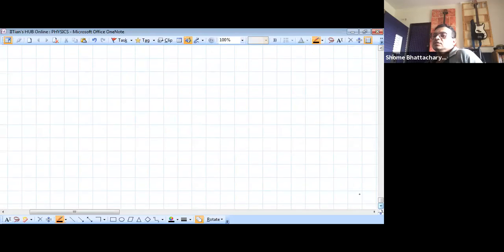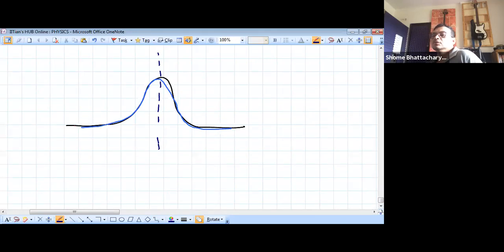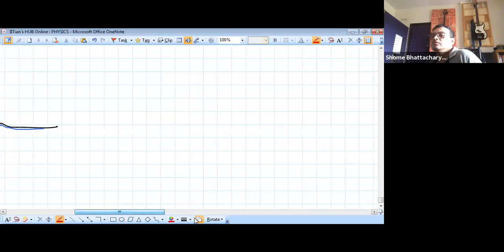And then eventually when they exactly overlap, the superposition actually looks like this. The amplitude doubles. So at that point of time, the width exactly halves and the amplitude doubles.